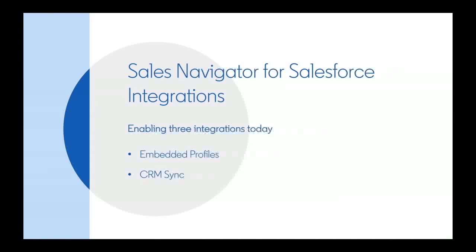So this integration is going to help auto-import a rep's key accounts and contacts from your CRM into Sales Navigator. And it's really the foundation of all of Sales Navigator's other CRM integrations, which include Activity Writeback. So Activity Writeback writes back key activities like InMails or messages that reps take in Sales Navigator back into your CRM. Before we get started, it's probably helpful to give a quick overview of these integrations and what they do.